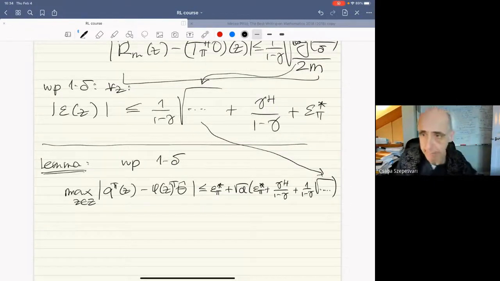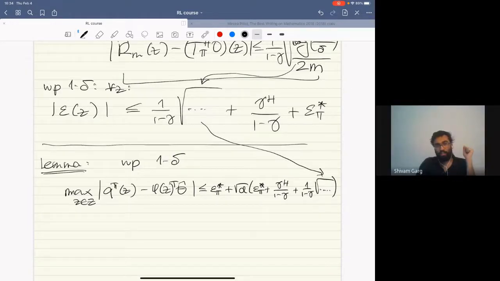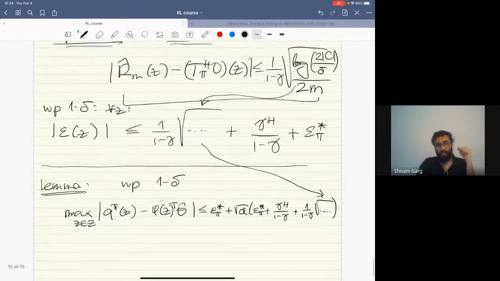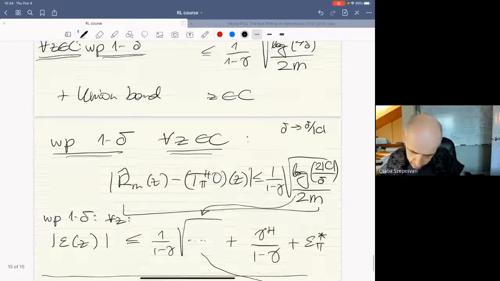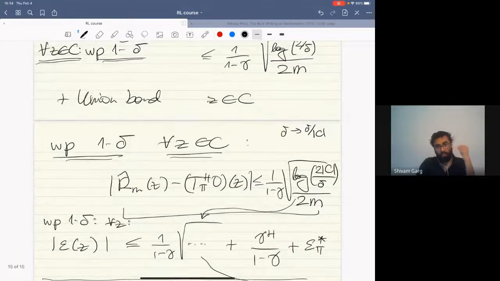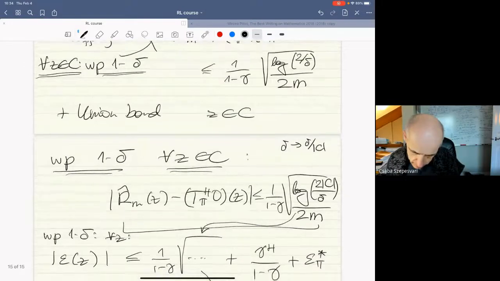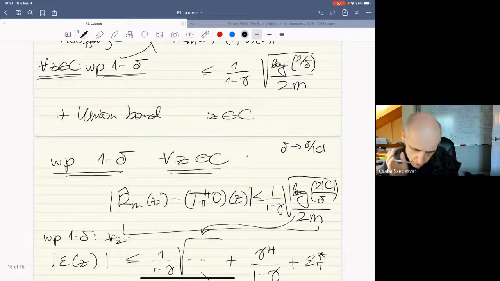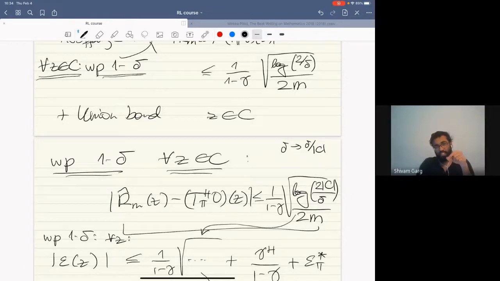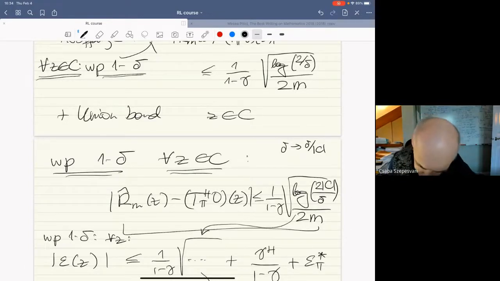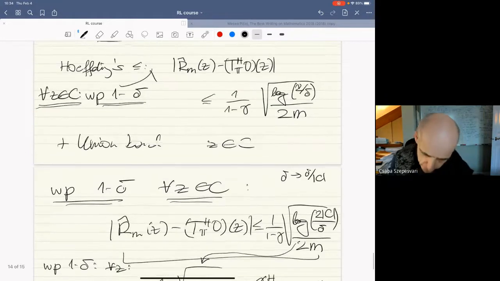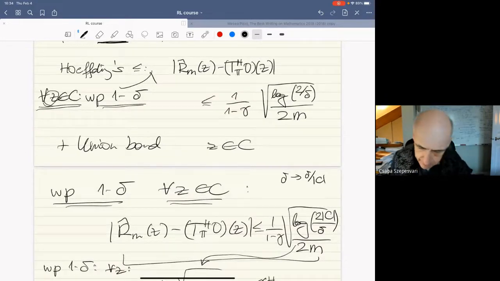Is there a max here? There's no max overhead when you apply the union bound? On the left-hand side, on top of the page. On the top of the page, this was holding for a given z.